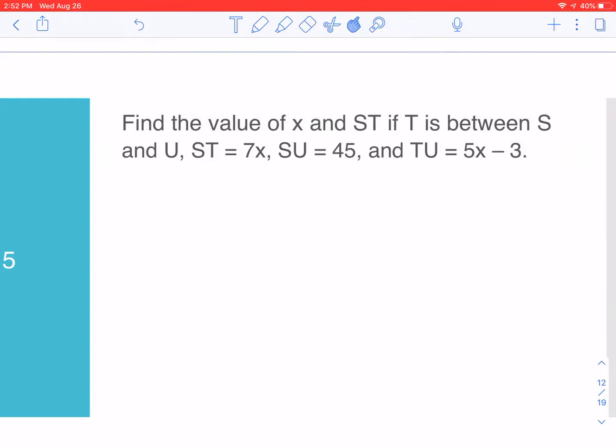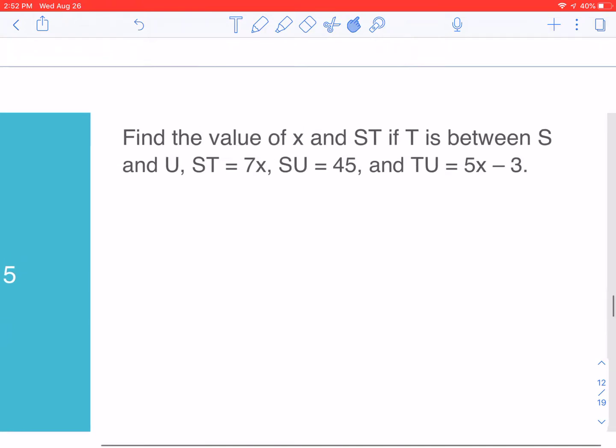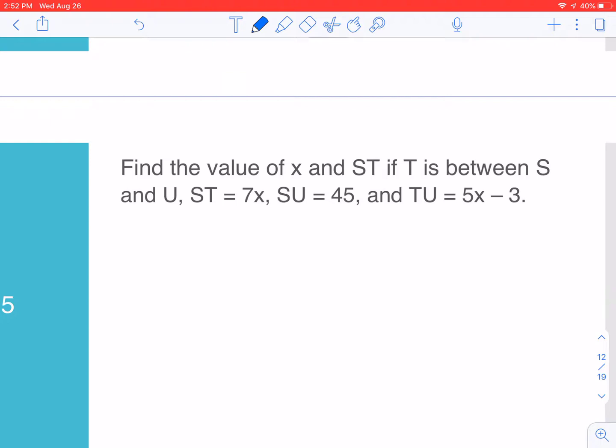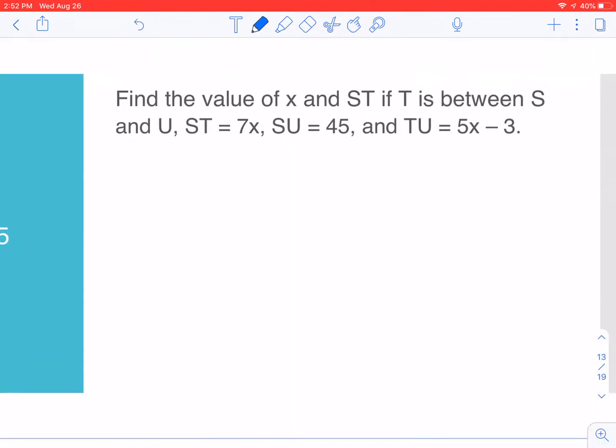Now, all these words look crazy, and I'm not going to make you guys draw these, so I'm going to draw it for you. Okay, so we have, sorry, I'm going to line this up here.